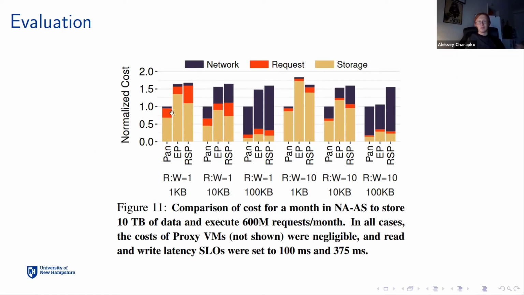And again, based on the cost and different configurations, different sizes of objects, Pando seems to come out on top of the remaining systems, except maybe in this very large storage, in this particular configuration where the network for Pando is quite large.